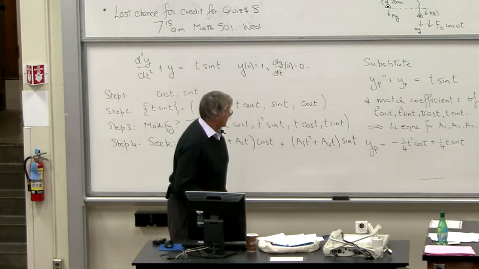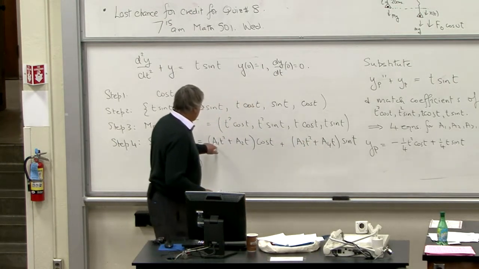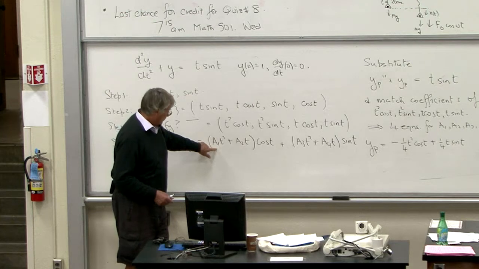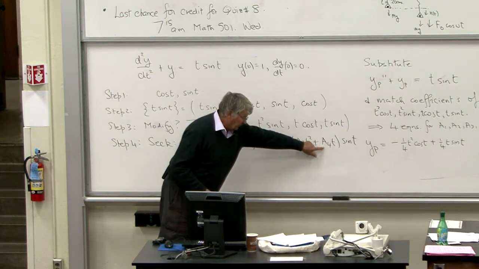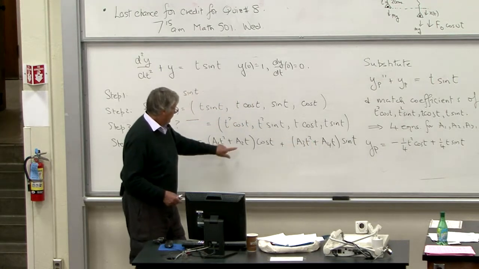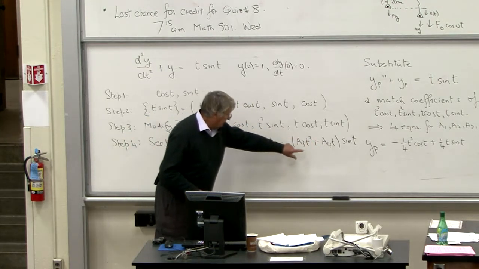So A1 will turn out to be minus a quarter. A4 will turn out to be equal to minus A1, which is plus a quarter. A2 will be 0, and A3 will be 0.